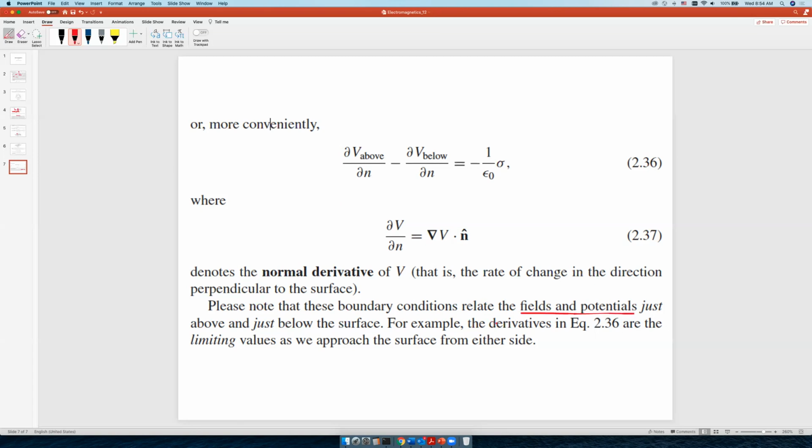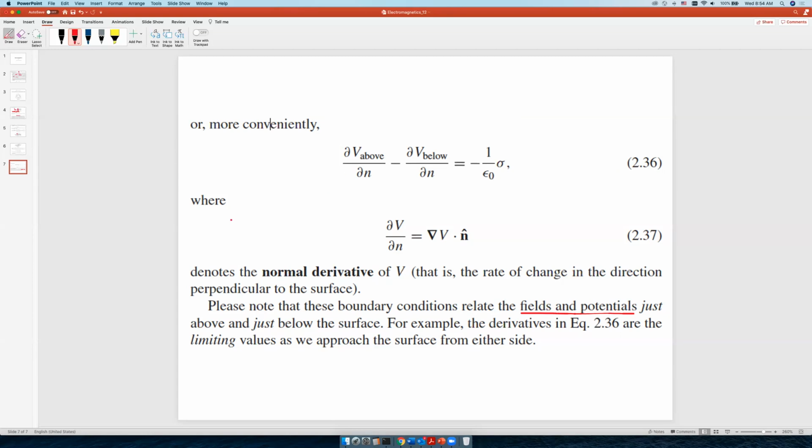For example, the derivatives in 2.36 are limiting values as we approach the surface from either side. Okay, so that's all about the boundary condition. From the boundary condition, we have learned the relationship between the electric fields above and below, and the electrostatic potentials above and below.